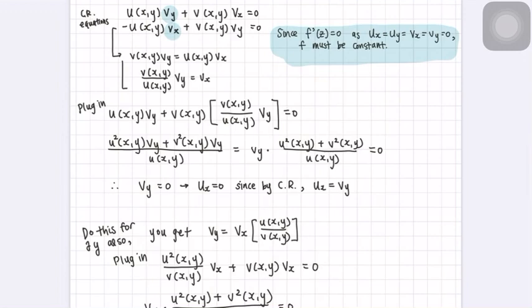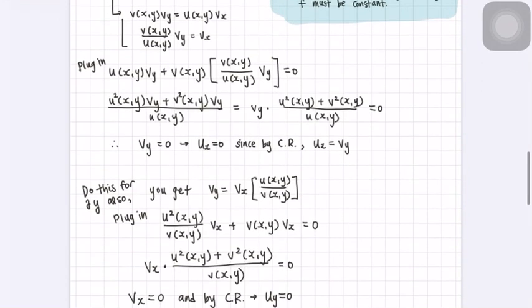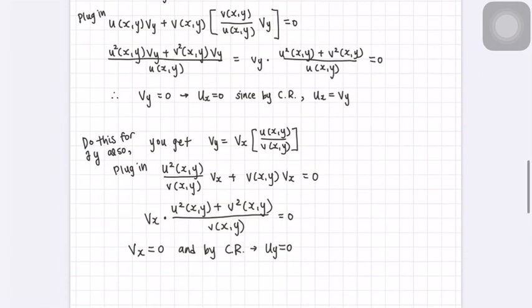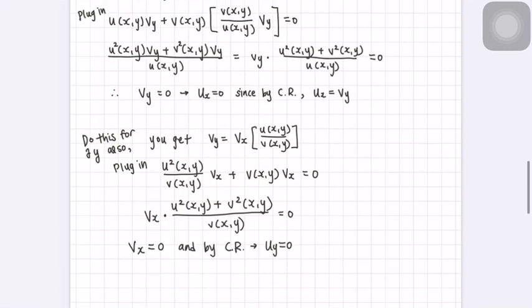And you simplify, and you isolate the vy. And as a result, you get vy is equal to 0. And because the Cauchy-Riemann equations apply, you get ux is also equal to 0. And you can do this for the other one, where you take the first equation, solve for vy, and get vx equals 0 and uy equals 0.